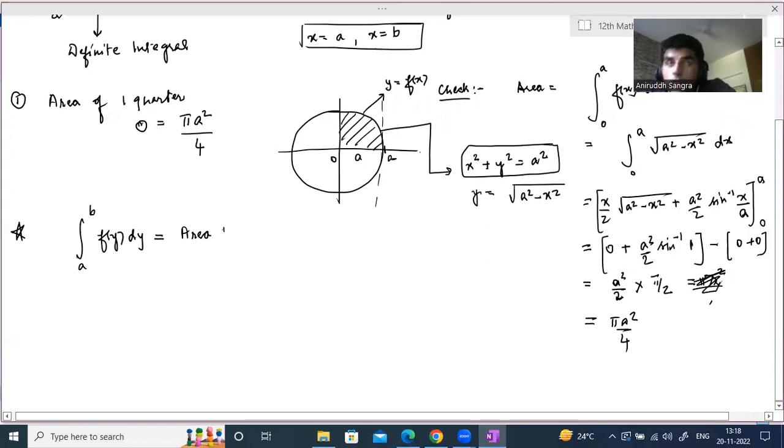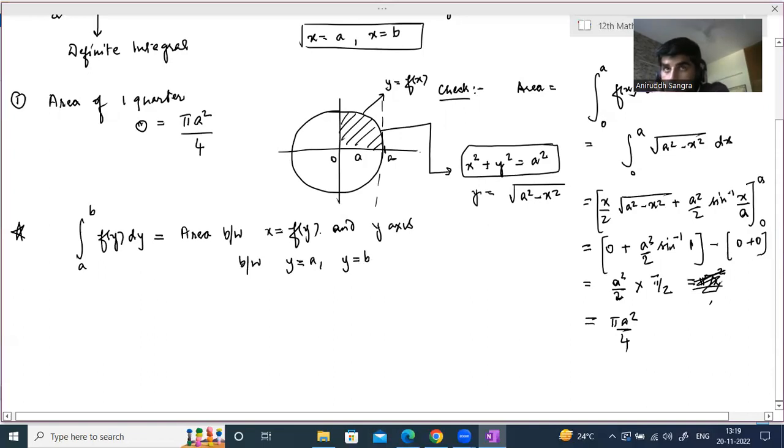This area will be the area between the curve x is equal to f(y), instead of y is equal to f(x), now the function is the inverse function, and the y-axis, between the horizontal lines y is equal to a and y is equal to b.